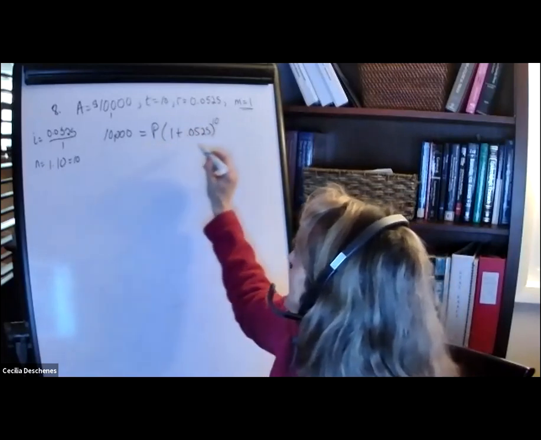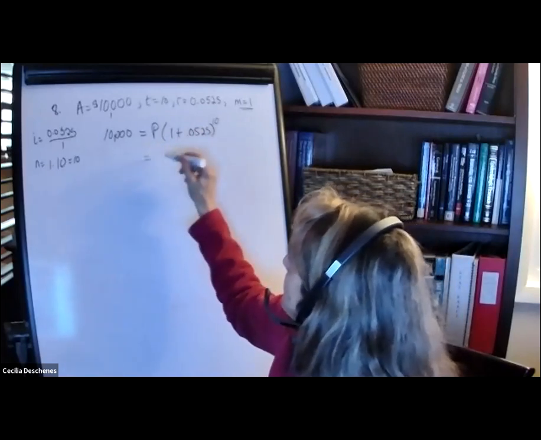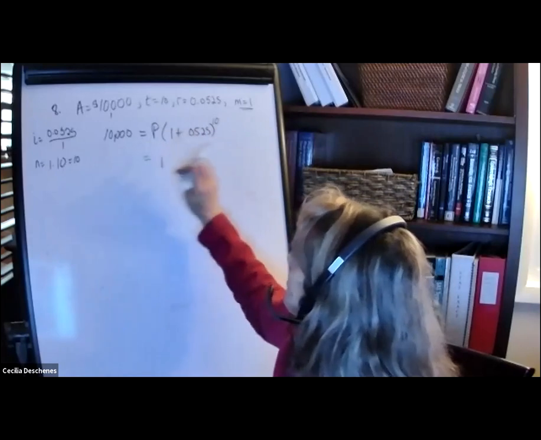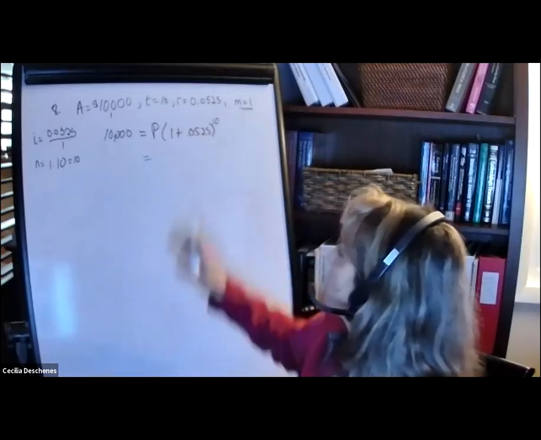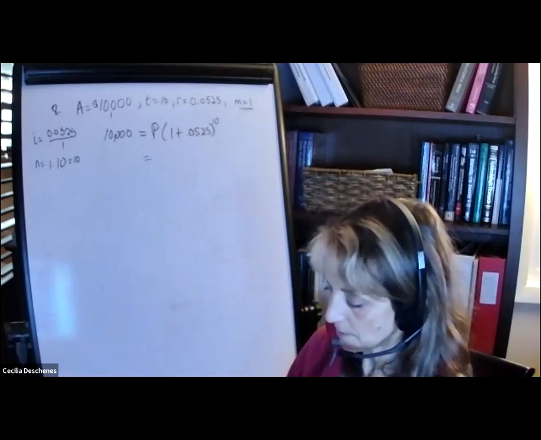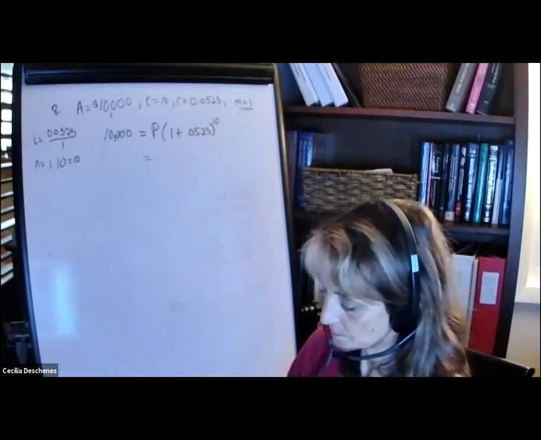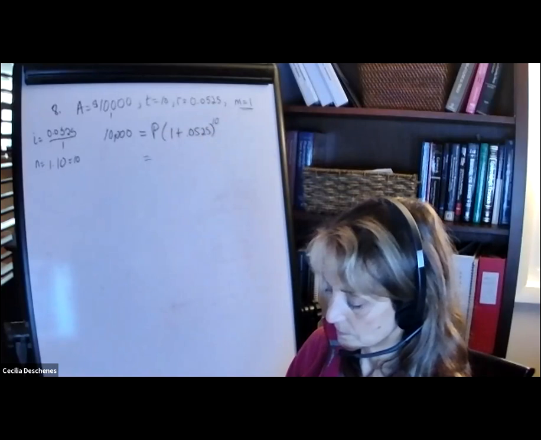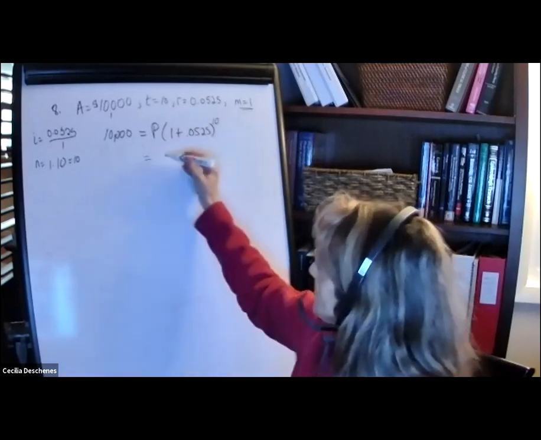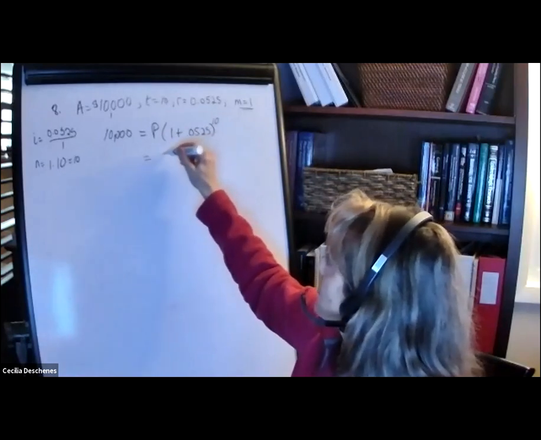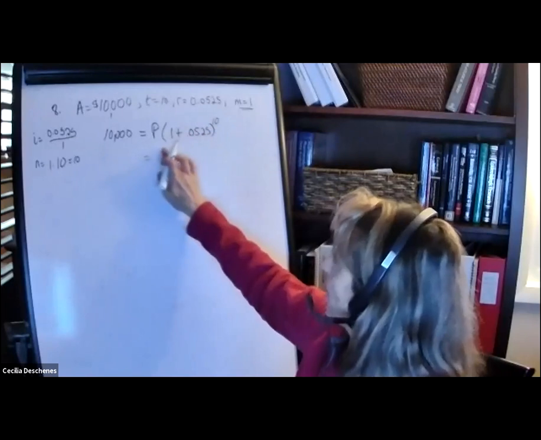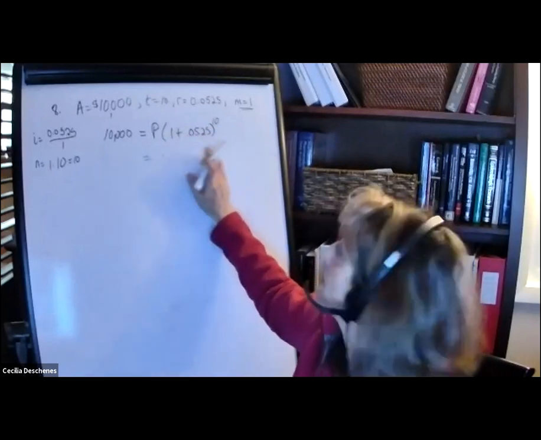So we're gonna multiply this out. So let me go ahead and say it's 1 plus 0.0525 raised to the 10th power. All right, and what I'm gonna do is divide both sides by that. And I don't recommend that you round here.